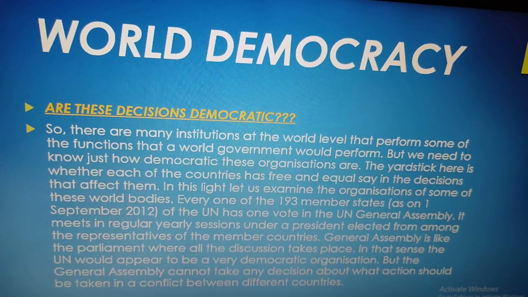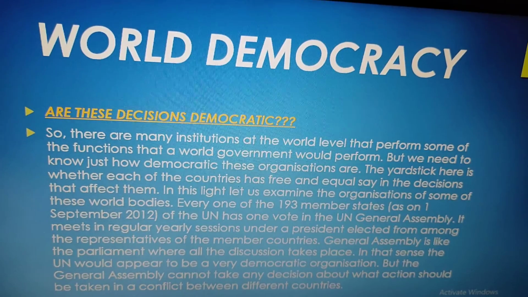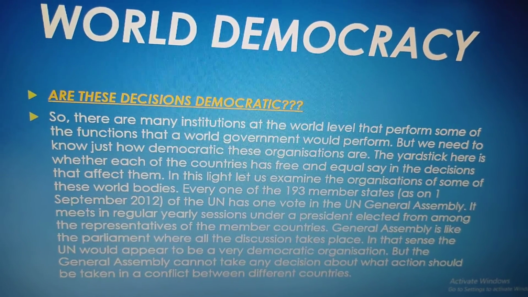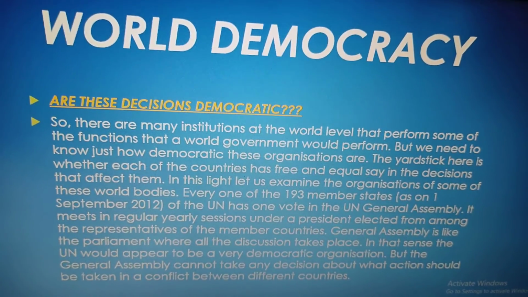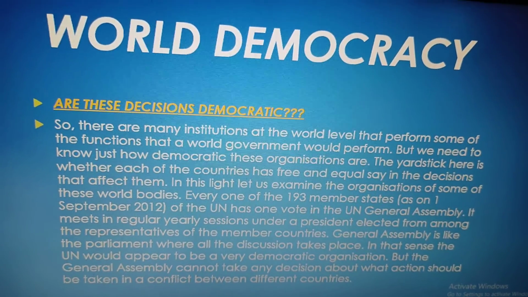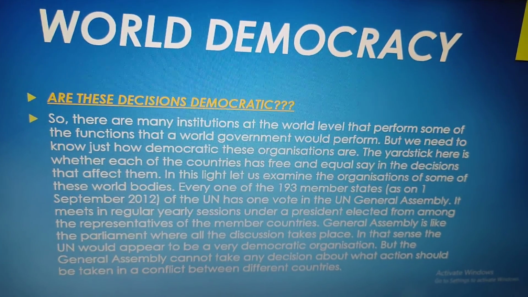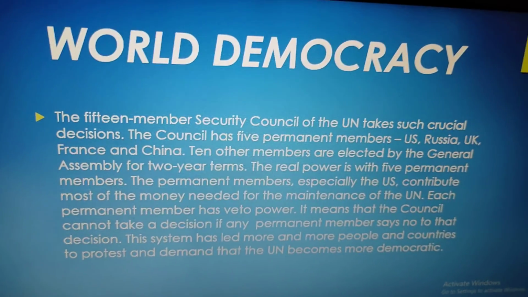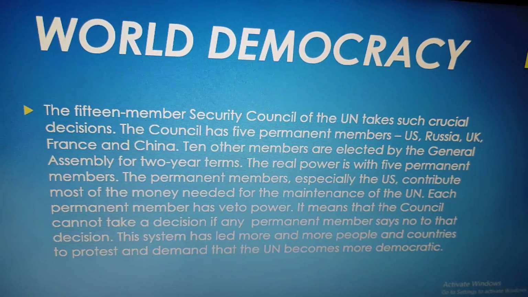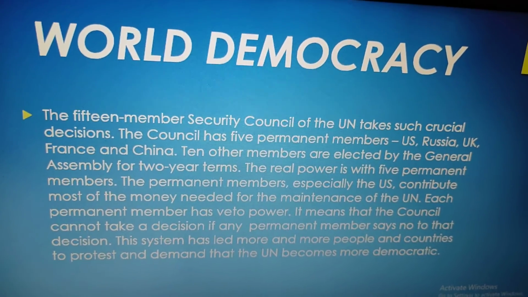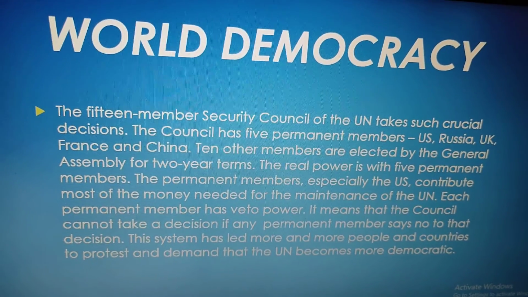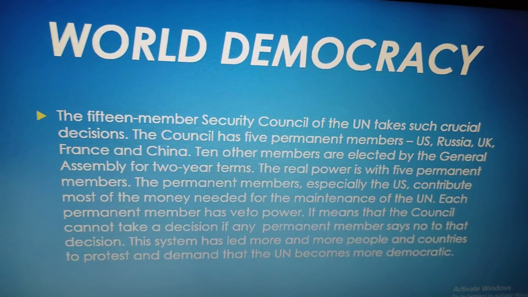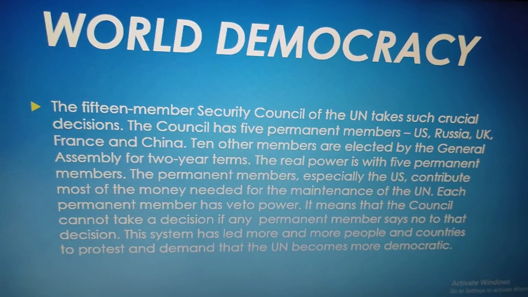But the General Assembly cannot take any decision about what action should be taken in a conflict between different countries. There is another part of the same organization which looks over conflicts which occur between two countries, which looks over how to resolve the war-like situation between countries.